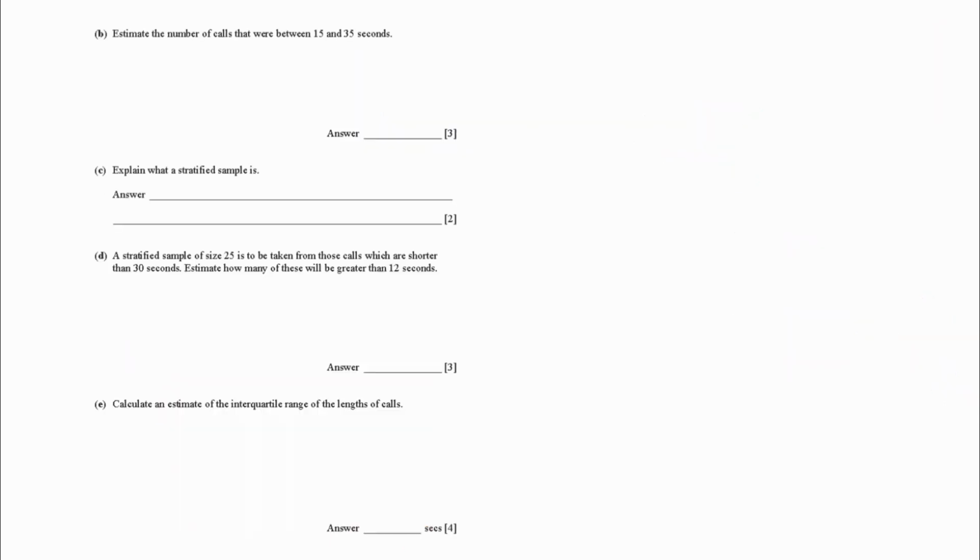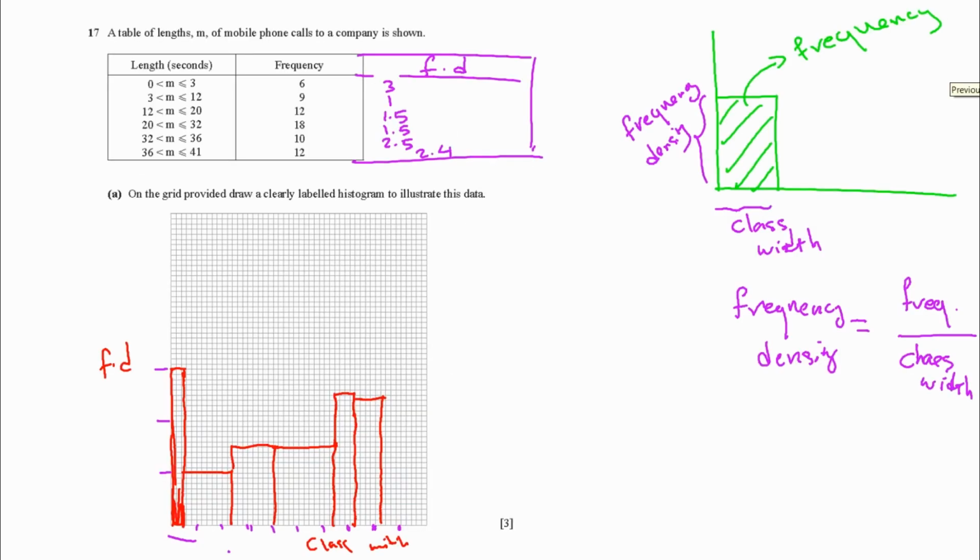So estimate the number of calls that were between 15 and 35 seconds. As I mentioned at the very beginning, the surface area of a histogram is a frequency. So the number that we are looking for is between 15 and 35.